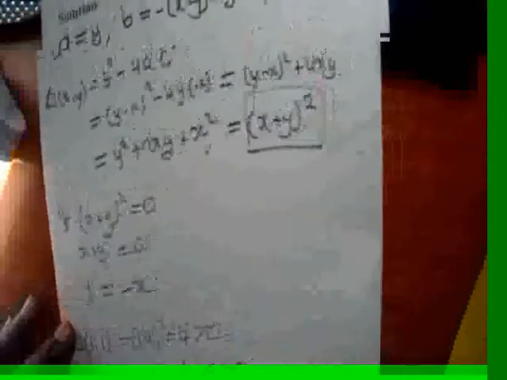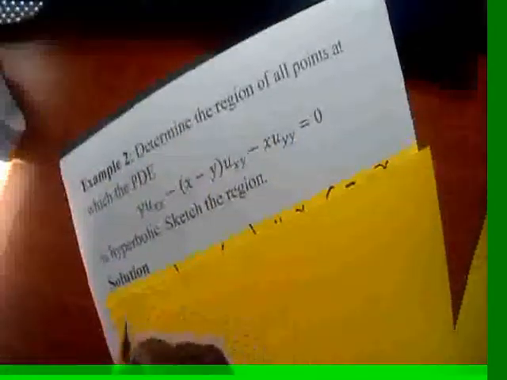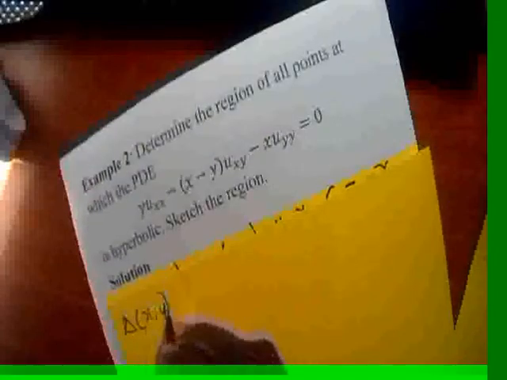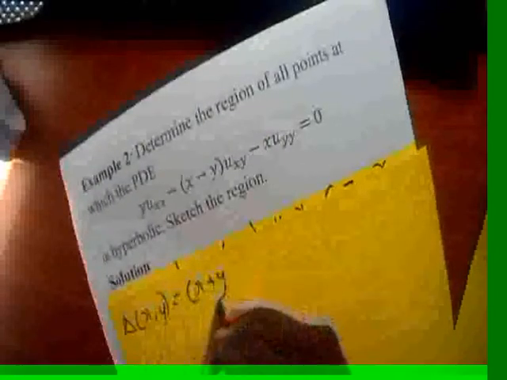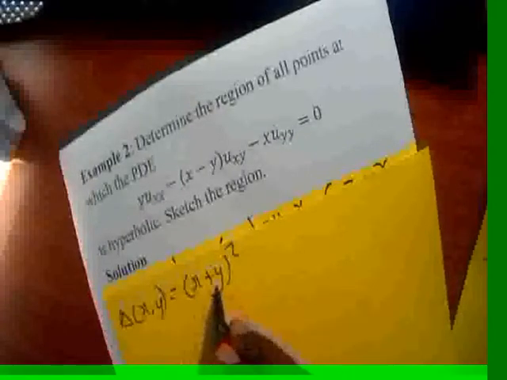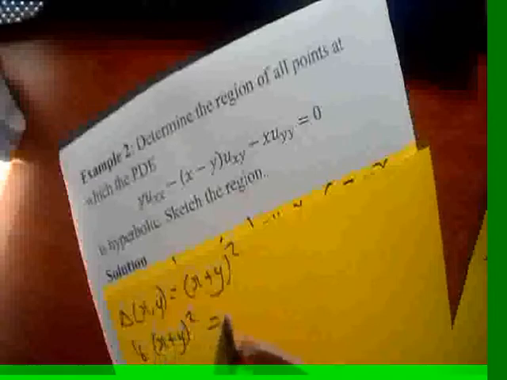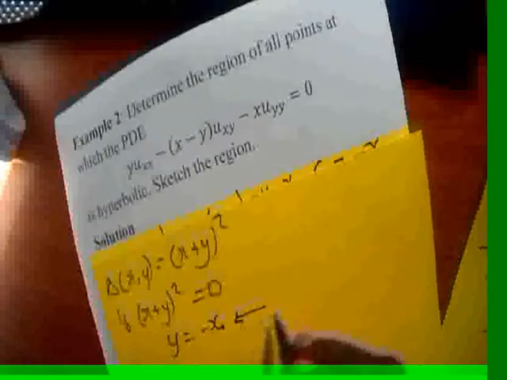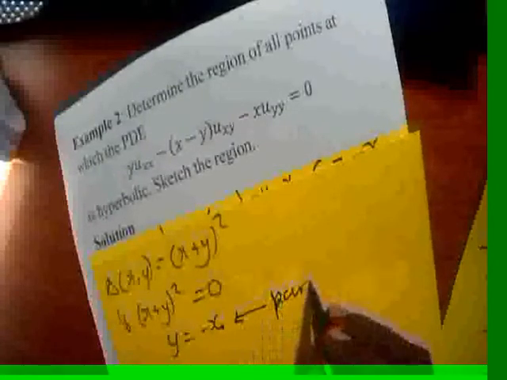So we can put it in simple terms as this. If this is equal to 0, then y equals negative x, and the equation is parabolic on this line.